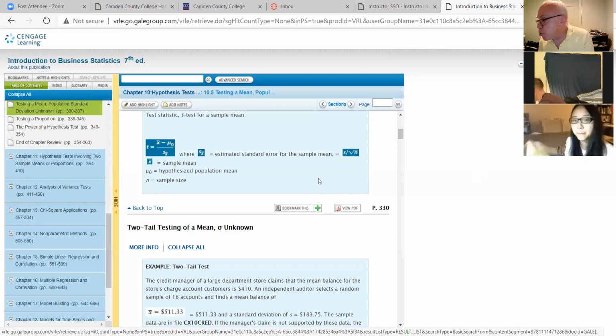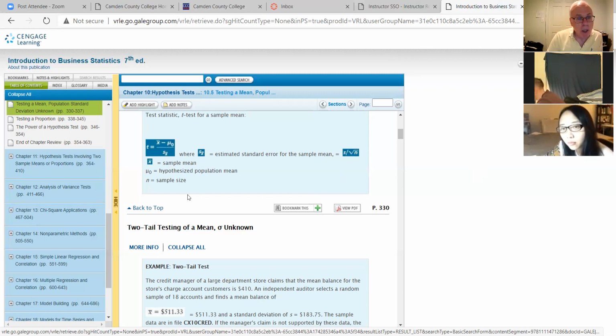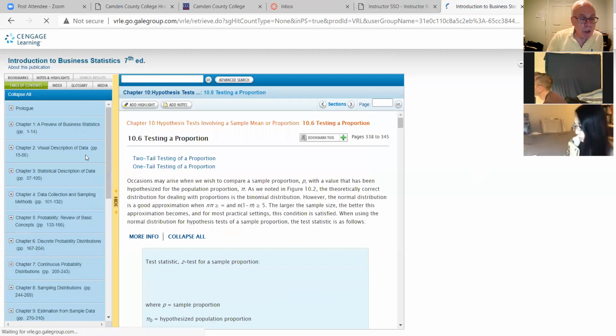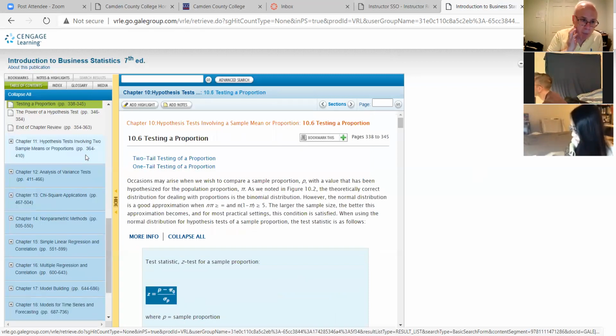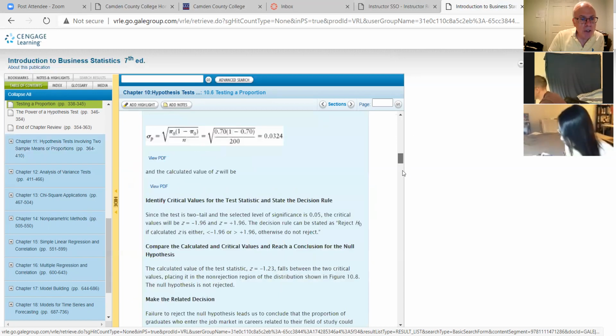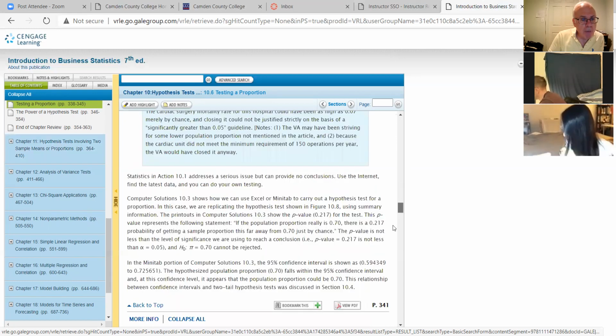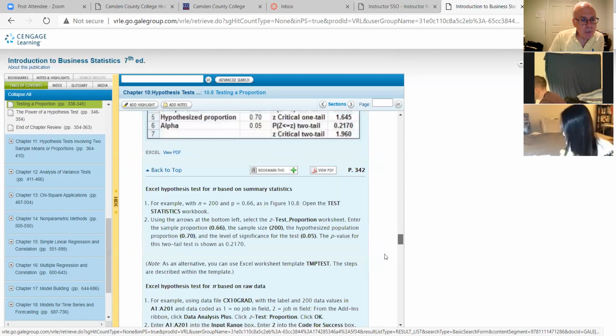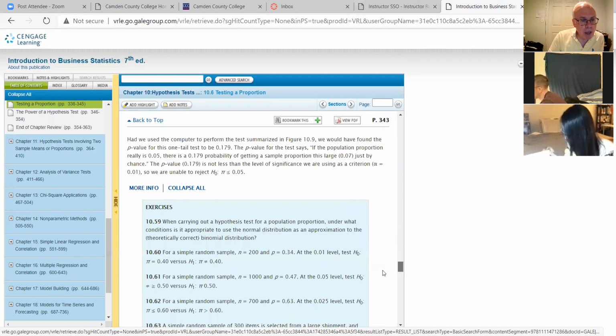This first problem is on page 344, where we're looking at proportions. This is a proportion problem, number 10.68. Let's just find it here. Read through it. Make sure you have Excel ready to go.